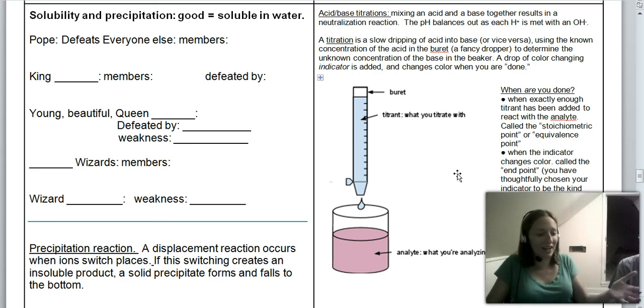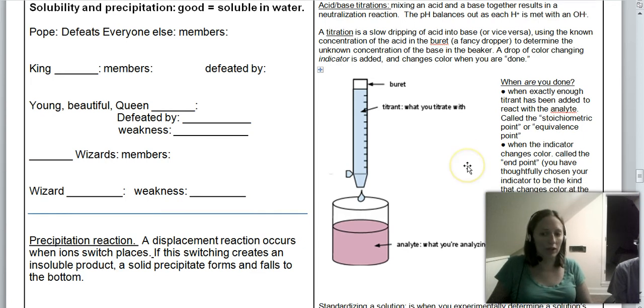Hey, it's blue. I'm done. Let me do my calculations. But they will all be wrong because the amounts are not equal. Because you were supposed to wait until pH 7. But it turned blue. Well, it turned blue because you put the wrong one in. So you have to choose your indicator properly in order to do one of these at all. So be careful about that.